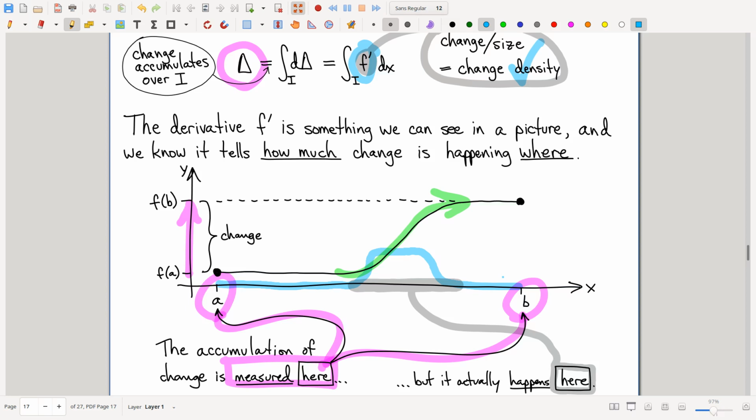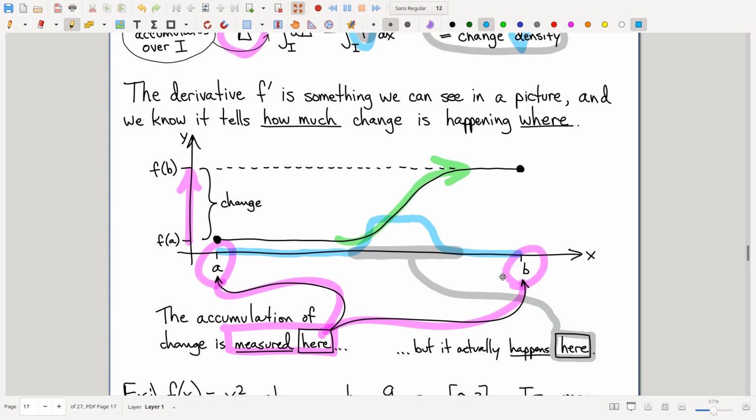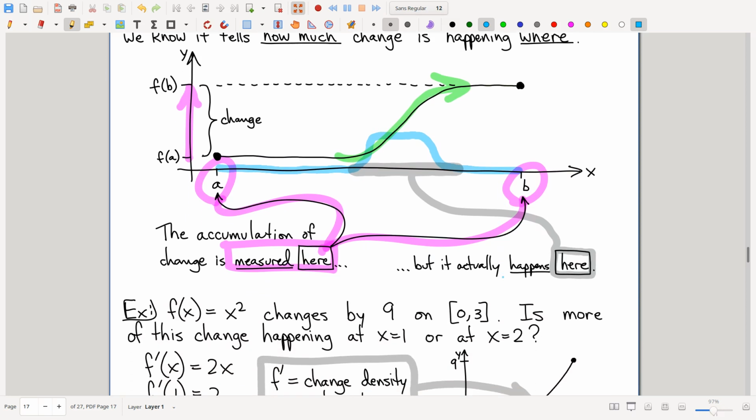So the integrand of my theorem, the density of my accumulating quantity, tells you where and how much of the quantity that you observe on the boundary is actually happening in the interior. All right, so likewise, Green's operator and divergence, they do the same thing for circulation and flux.